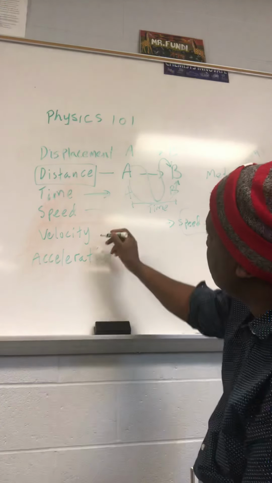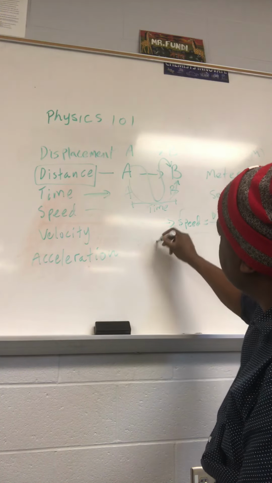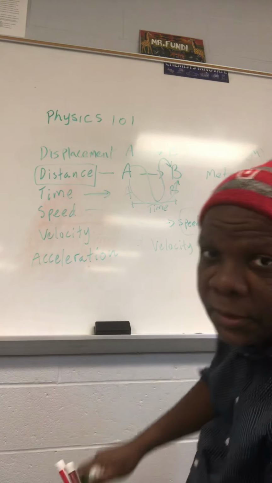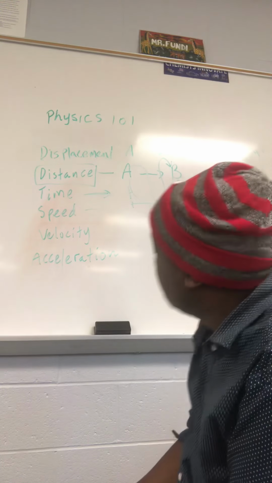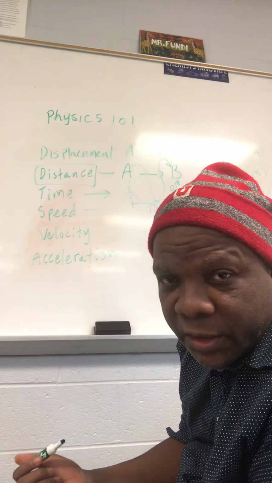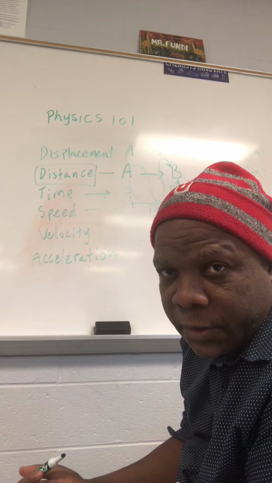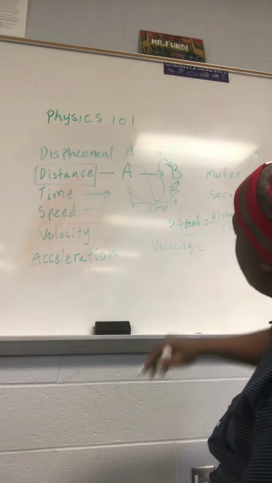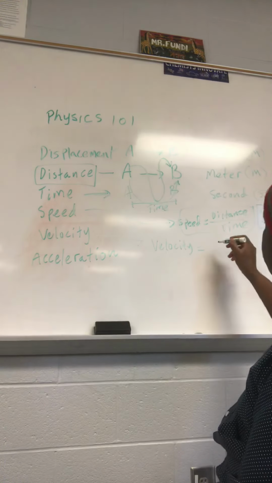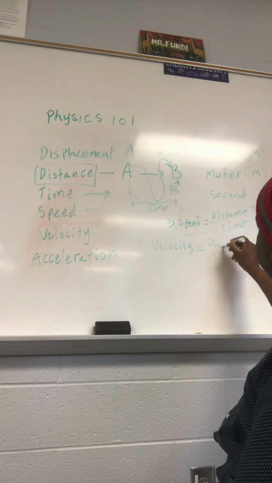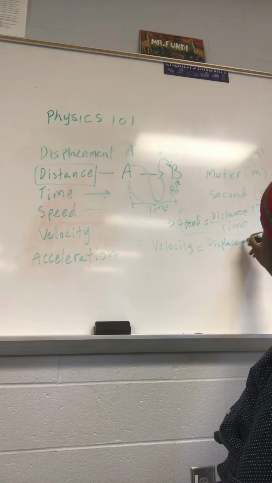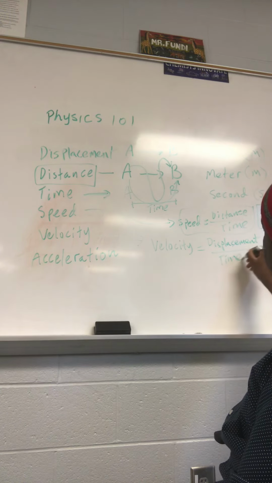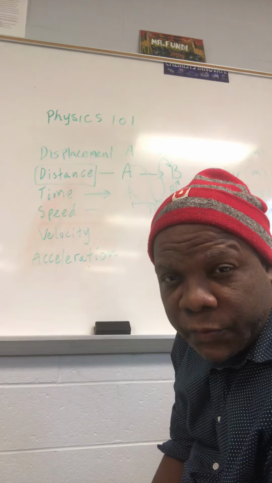Next is velocity. Like you remember when we talked about scalar and vector quantities, velocity is a vector quantity, and the formula for it is displacement divided by the time it took between those two events.